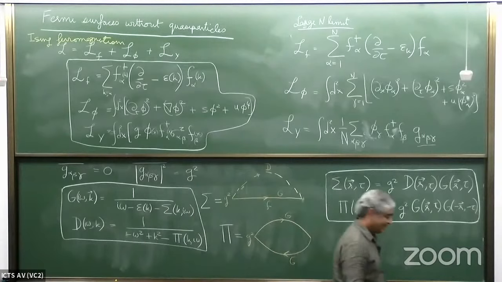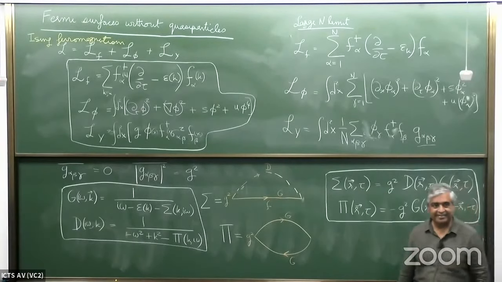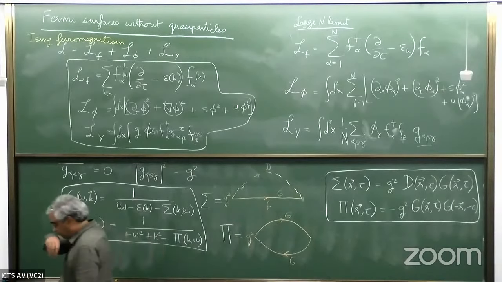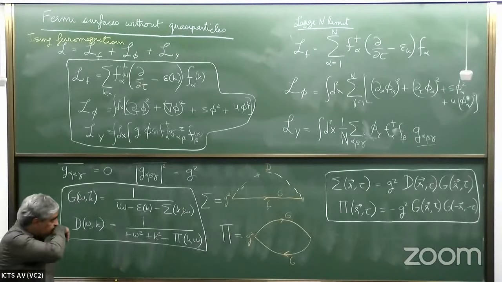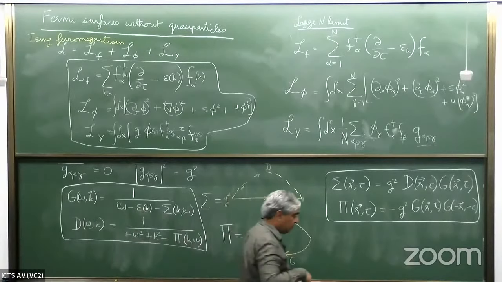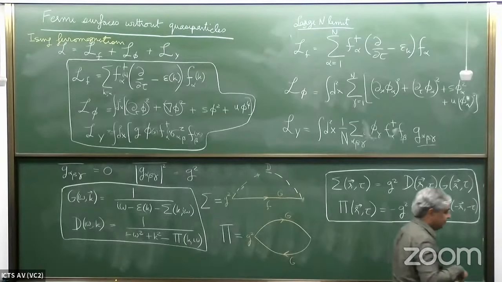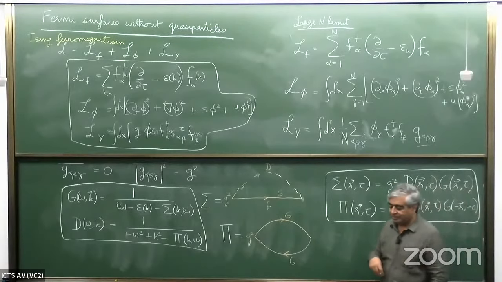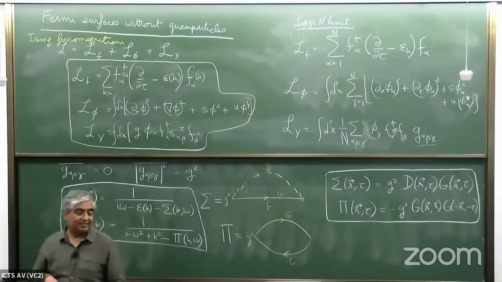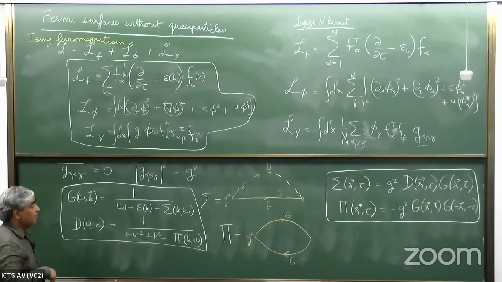Subir, yes, Tom. If you had an SU(N) gauge theory coupled to fermions in the adjoint representation, you have the counting of bosons and fermions that you want. Yeah, well, but you won't have the random couplings there. I don't think that leads to these equations.